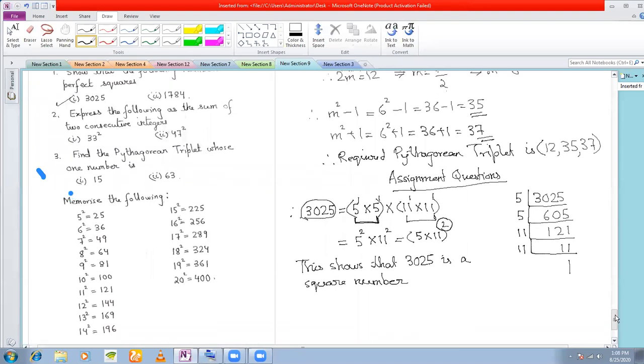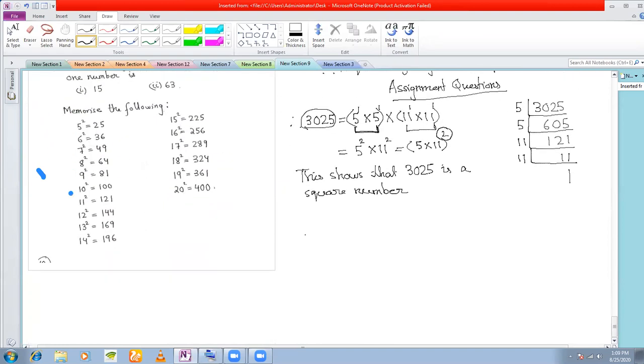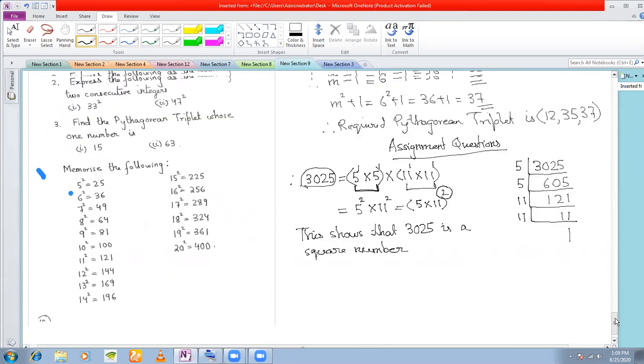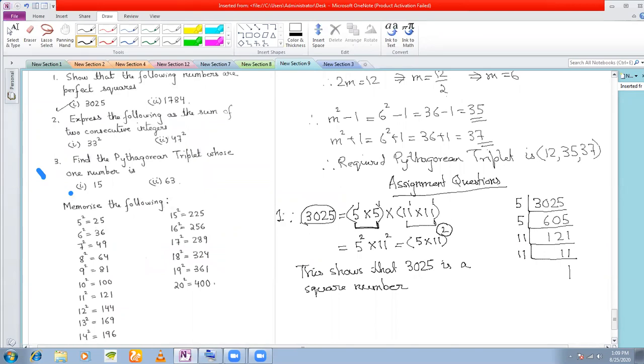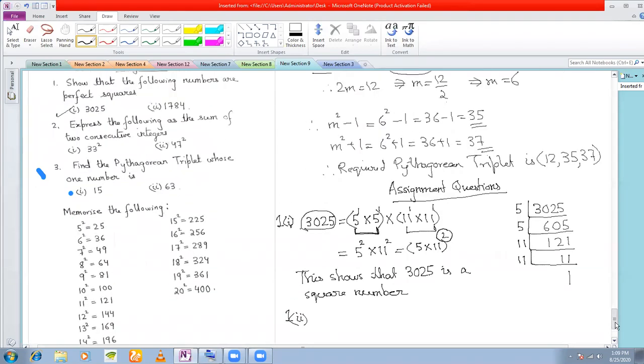Okay. And the last one, let me finish this one also. I'll just give you some hints on the second one and then I'm sure you can do it yourself. 1784.